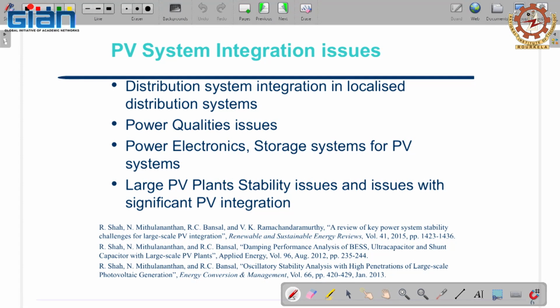It is the simple equation. Power is equal to voltage multiplied by current. If you keep voltage very low, for example, you want to generate power 2 megawatt, if voltage you think is 230 volts, think of how much will be the current.